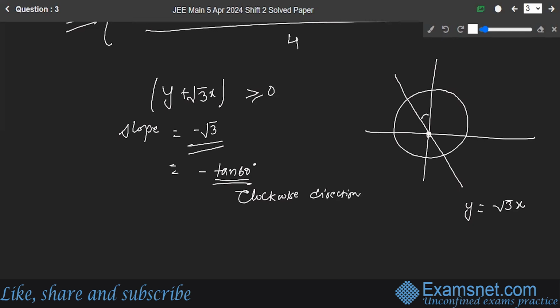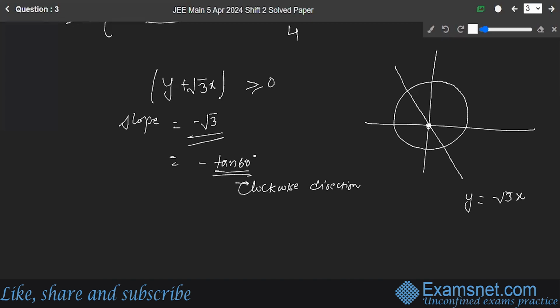So this is your angle over here in this clockwise direction. This is your minus of tangent 60 degree, and this angle will be this. So this is 60 degree over here. And what was this angle now? This is 90 degree over here, and this one will be 30 degree then.